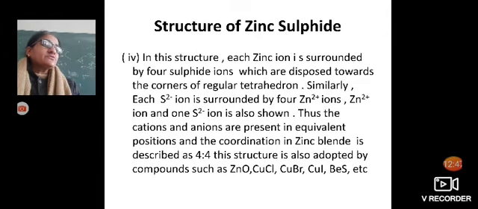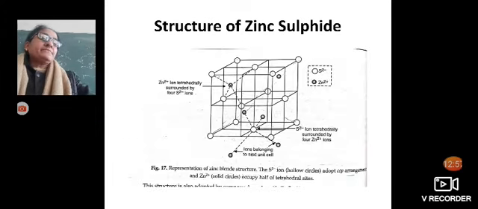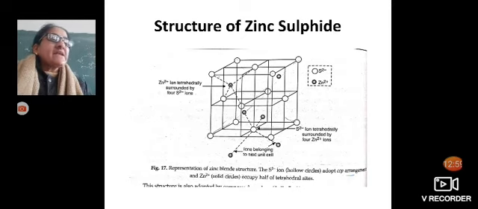This structure is adopted by compounds such as zinc oxide, copper chloride, copper bromide, copper iodide, beryllium sulfide, etc. This is the structure of zinc sulfide. Zinc 2+ ions are tetrahedrally surrounded by 4 sulfide ions, and sulfide ions are tetrahedrally surrounded by zinc 2+ ions.